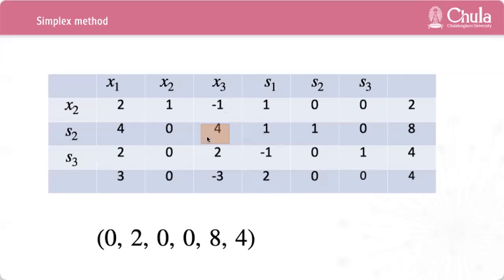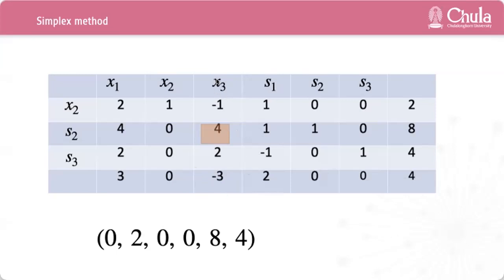Okay, so the next step is we introduce x3 to the set of basic variables, because its coefficient is the only negative coefficient of the objective function.